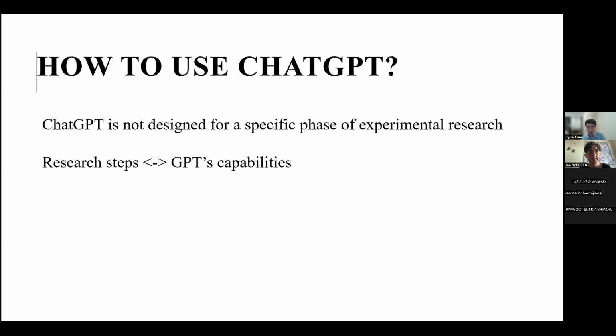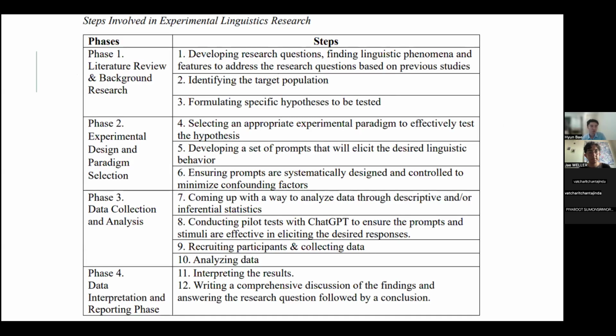So I focus on these steps. I categorize the steps into 4 key phases. So phase 1, phase 2, 3, 4. There are a lot of steps, and each step can be facilitated by GPT's capabilities. The real challenge is finding the most practical and efficient ways to do that.